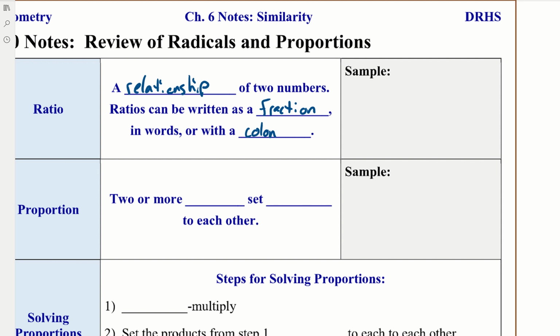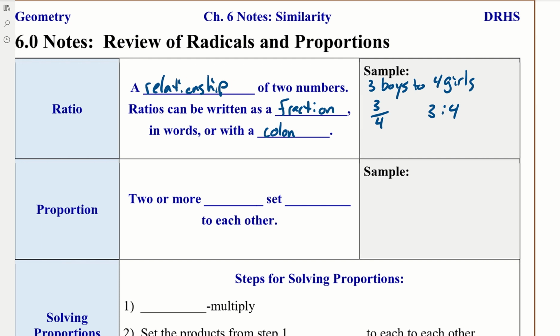So for example, I can say like 3 boys to 4 girls. I could also write it as a fraction, 3 boys to 4 girls, or I could write it as a colon, and each one means the same thing, okay?